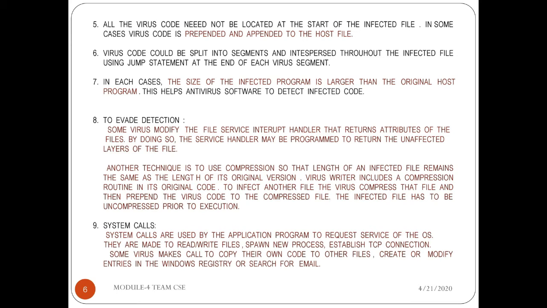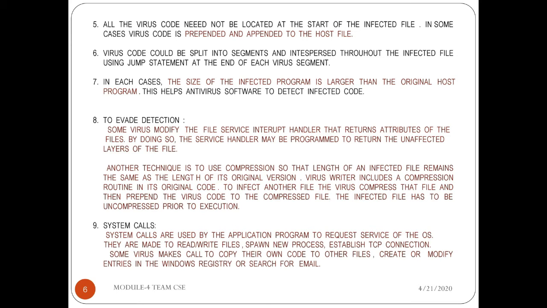The virus writer includes a compression routine in the virus code to infect another file. The virus compresses the file and prepends the virus code to the compressed file. The infected file has to be uncompressed prior to execution.